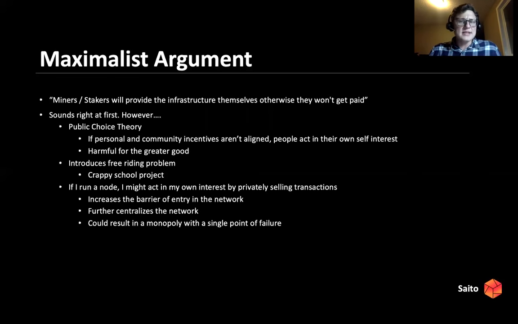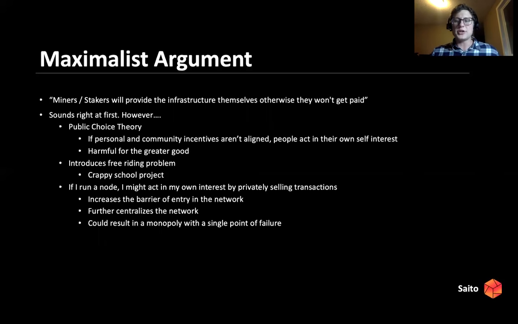So it does make sense, yet it wouldn't work. That's because public choice theory in economics would dictate otherwise. Public choice theory says that if the personal and communal incentives aren't aligned, then people will choose to act in their own self-interest rather than what is for the greater good.